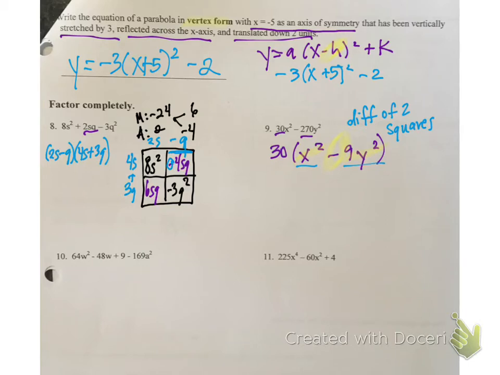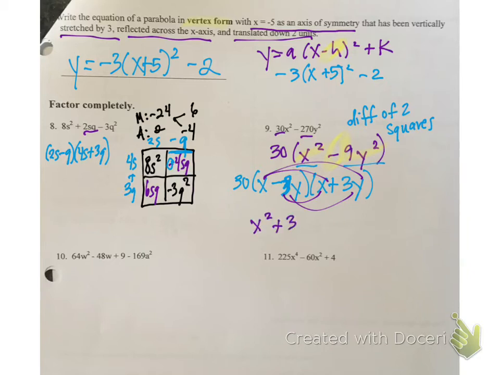The biggest mistake I see people make is that they put x minus 3y and then they square it. But the final answer would be x minus 3y, x plus 3y. And the reason why it's x minus and x plus is if I were to distribute this back out, if I were to actually go back and FOIL this, I would get x squared minus or plus 3xy minus 3xy and then minus 9y squared.